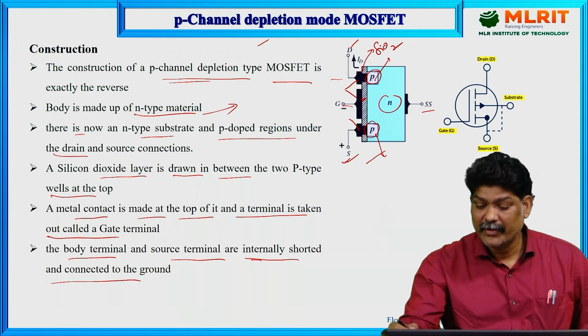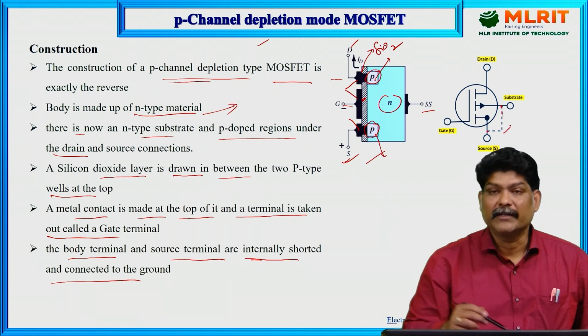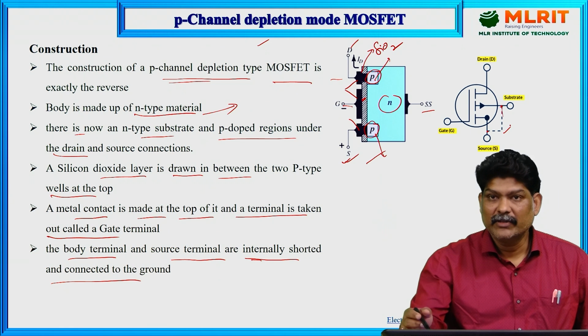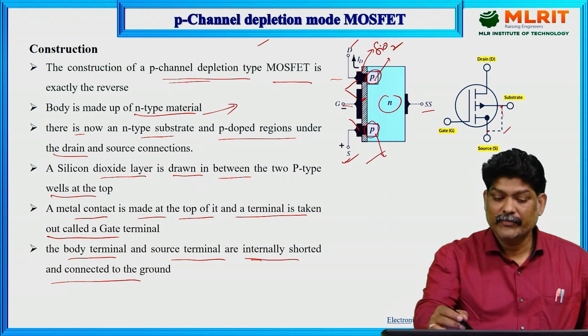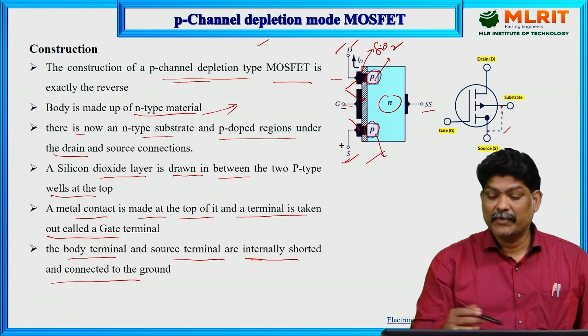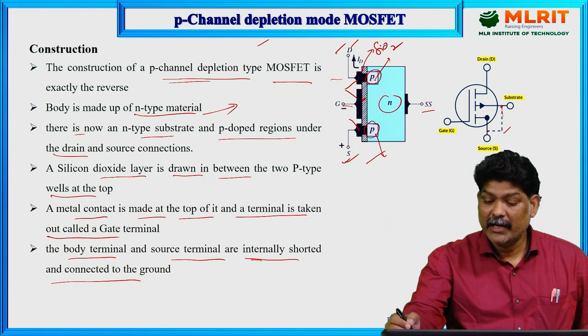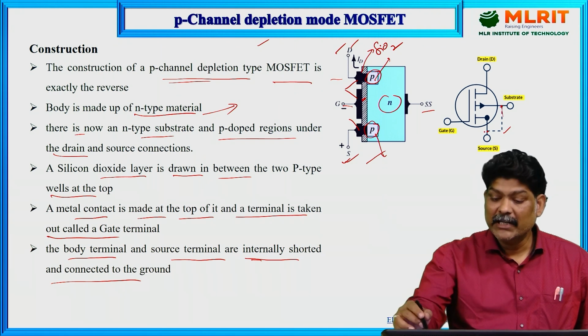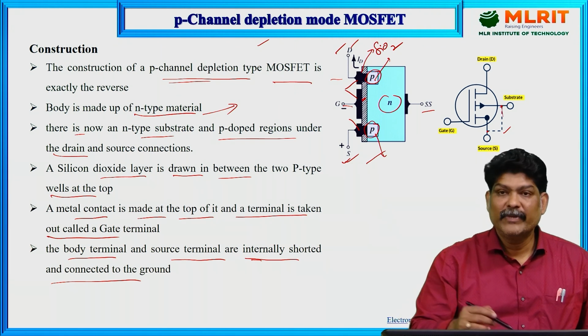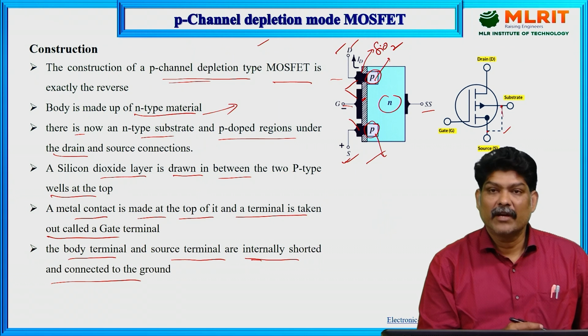You can observe that the substrate terminal and source terminal are internally connected. So the device is viewed as a 3-terminal device, but the substrate and source are internally connected. This is the basic construction of the P channel depletion mode MOSFET.